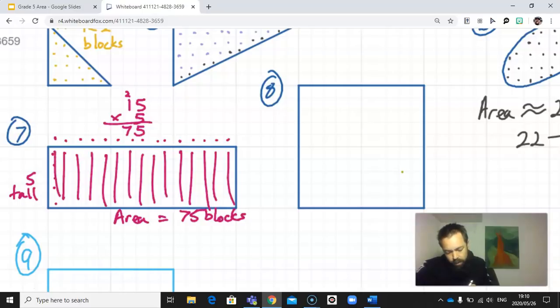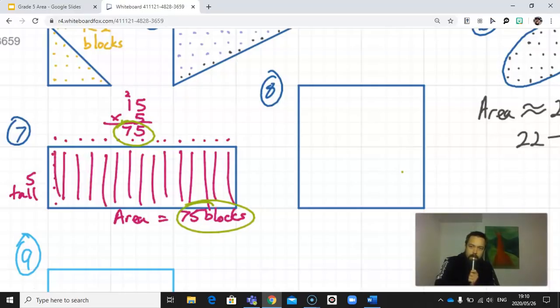Whoa! Just a second. Hold the phone. 75. 75. I wonder if that works for other ones as well.